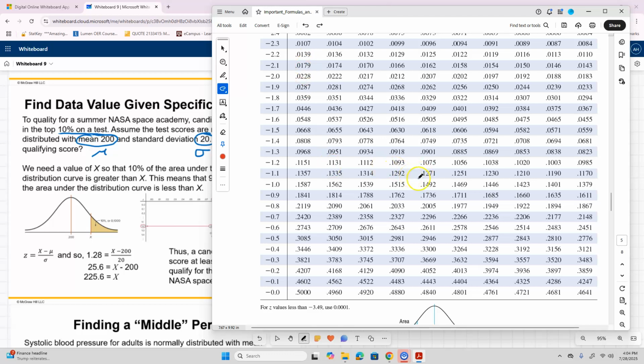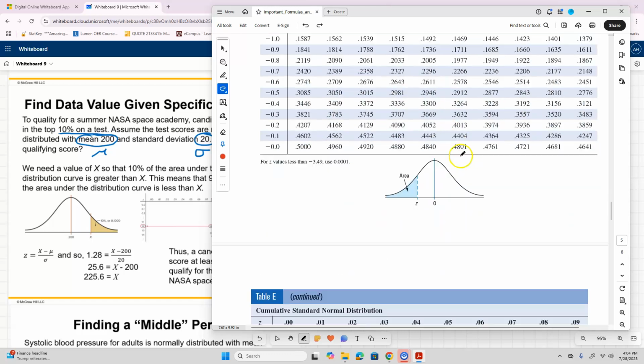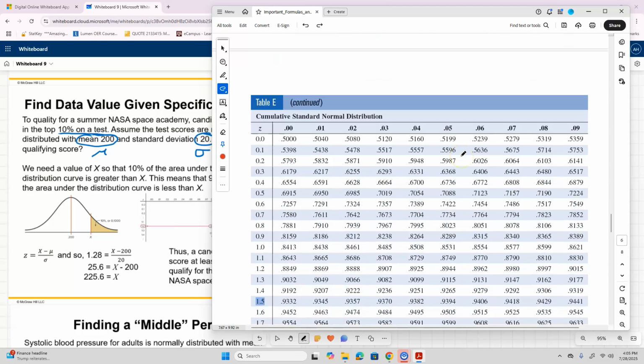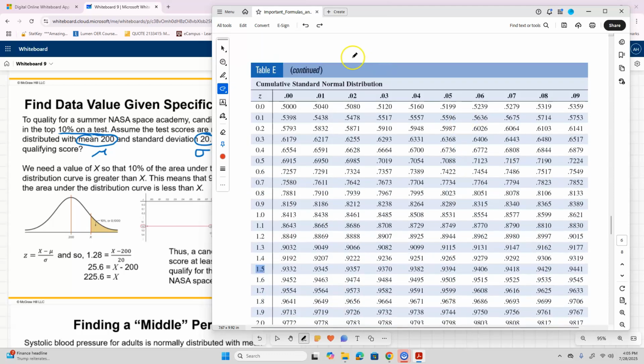Okay, so we're going to go to the body of the chart, meaning the inside part, and look for 90%. 0.9000, or as close to it as we can possibly get. So I see 0.8997 right here, and I see 0.9015.